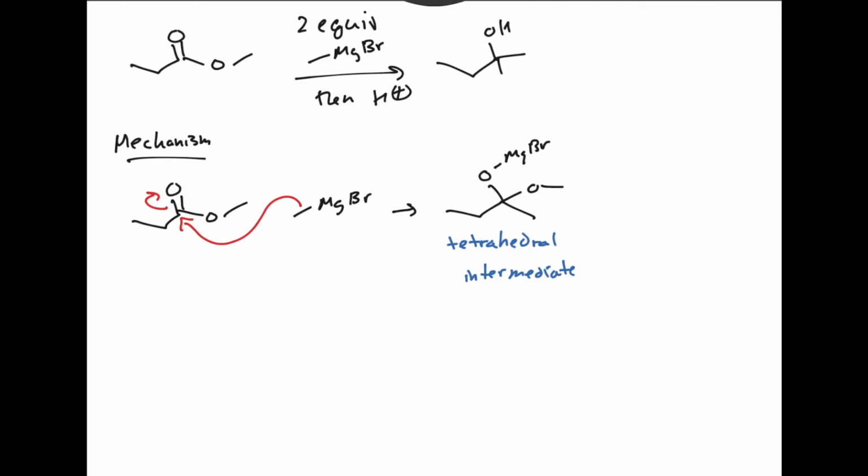Okay, now our tetrahedral intermediate wants to collapse and become a carbonyl again, right? Because having that C double bond O is much more stable. So these electrons are going to come down, push out the oxygen. I'm going to put it up here so I can write this beside it.